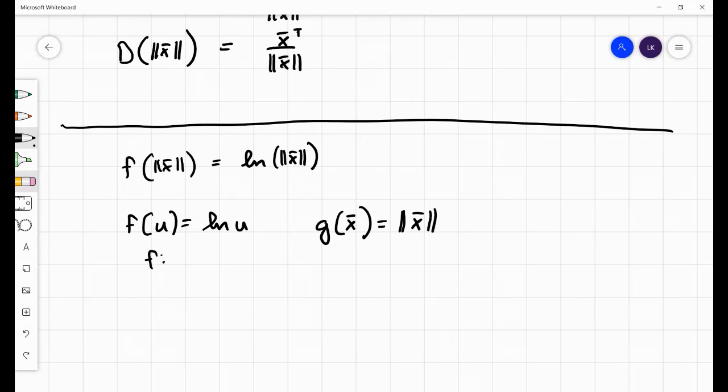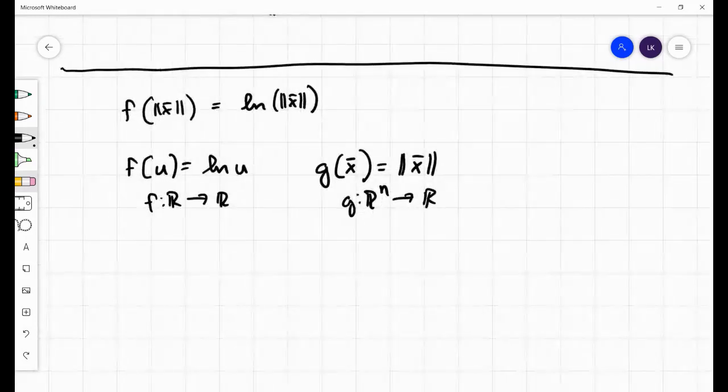So f is a function from R into R, a certain subset of R, I should say, is the domain. G is a function from Rn into R, because you get a real number when you find the magnitude. All right. So I can think of this natural log function of the magnitude of x as really a composition. Let's call that h.